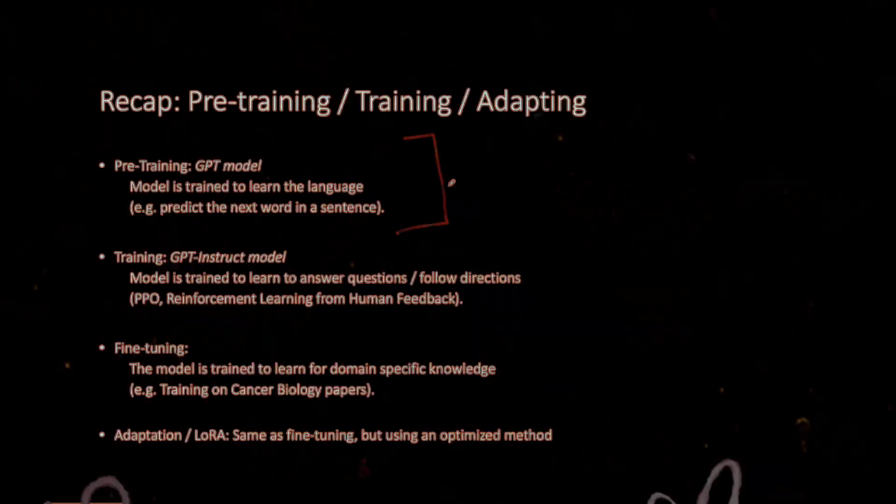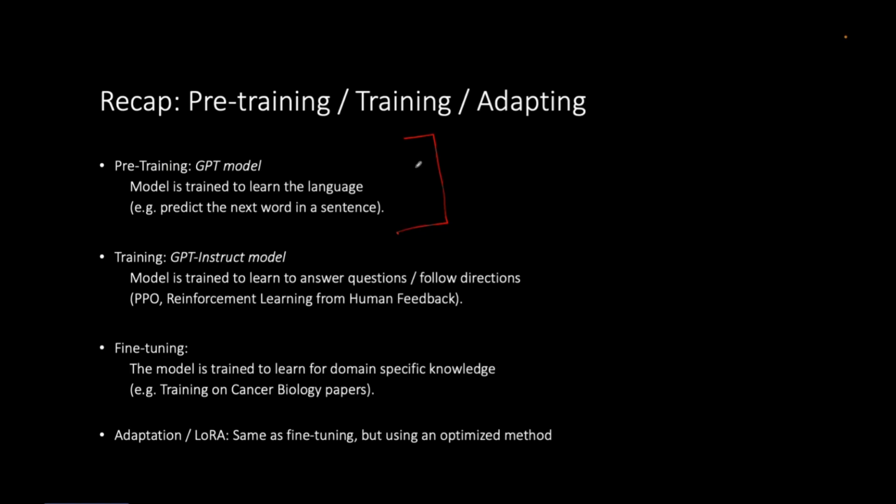We often see, and again, this is a little bit weird nomenclature, that when we talk about pre-training, we're talking about learning the language. When we talk about instruction training in some cases, where the model is called dash instruct, then it learns to answer questions and follow directions. This is reinforcement learning or the PPO algorithm. Sometimes when we talk about fine-tuning, we are talking about training to learn a specific domain.